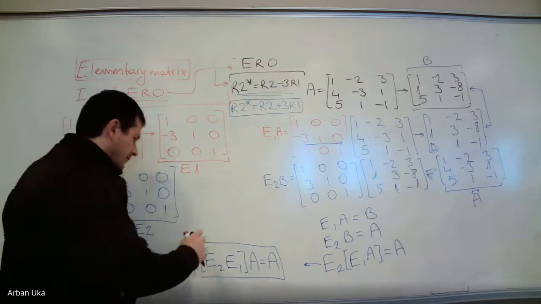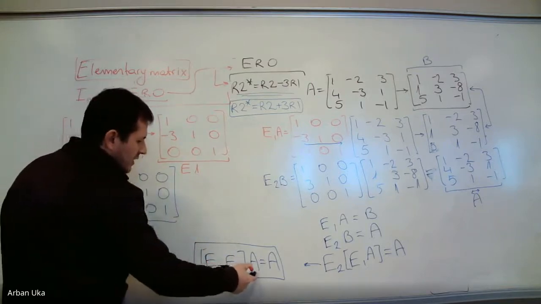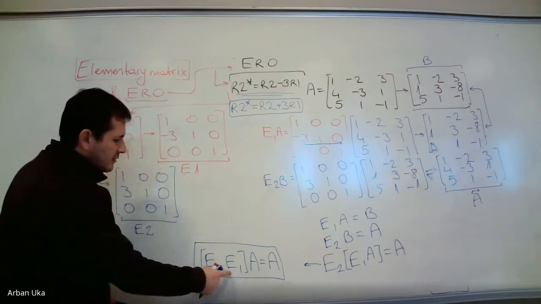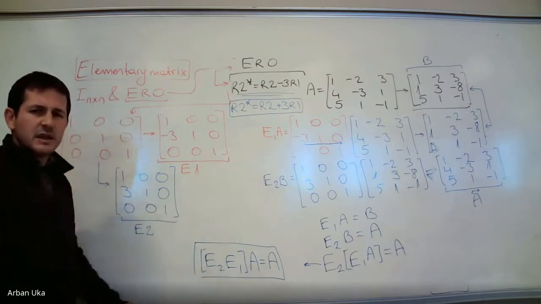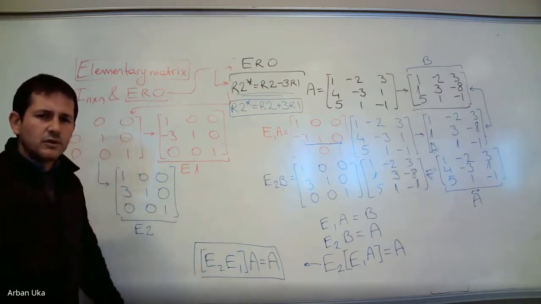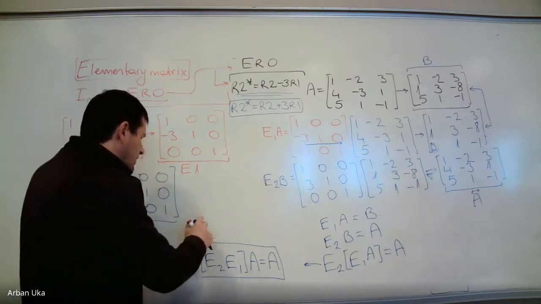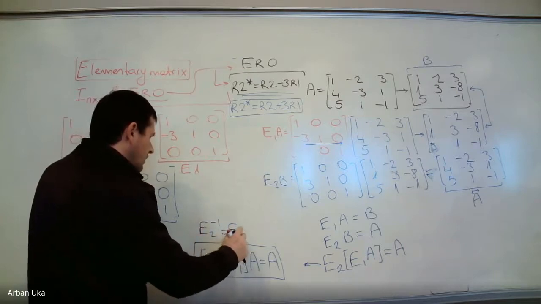Any comment? If this product times A equals A, this means that this is an identity matrix, okay? Because identity matrix times a matrix A would then be equal to A. So in this case, we could say that E2 inverse is equal to E1.